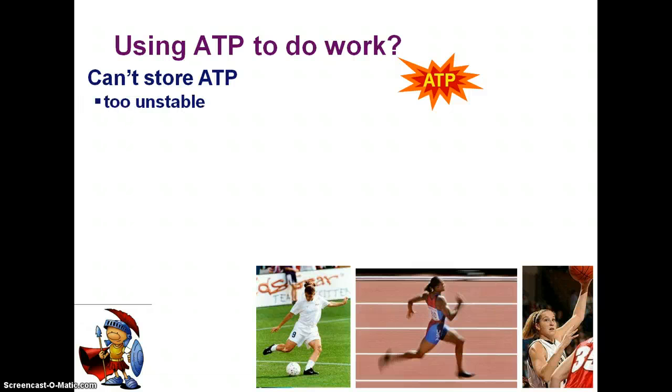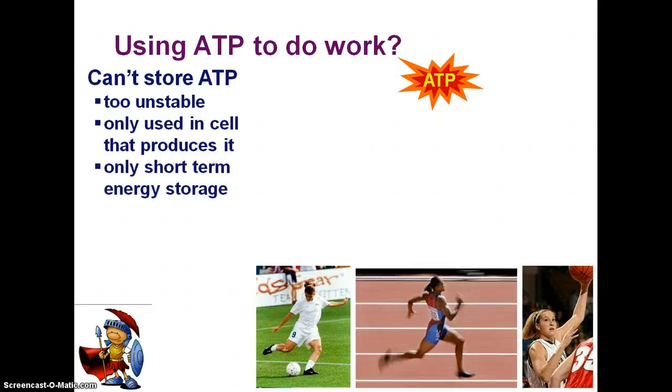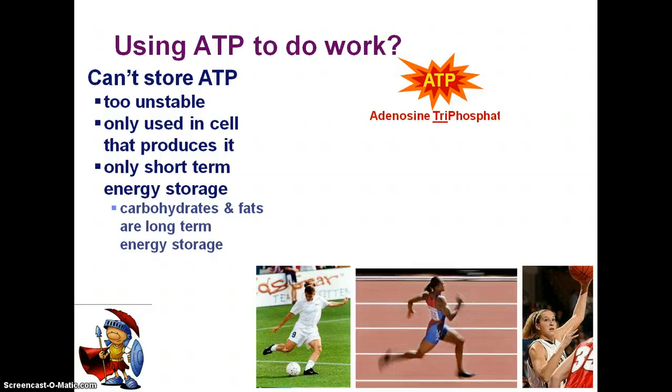We can't really store ATP. It's not super stable. It's only used in the cell that produces it, and so it's short-term energy storage. Carbohydrates and fats would be more long-term energy storage. If you're looking at cells that tend to use a lot of energy, you're going to find that they have a lot of mitochondria.